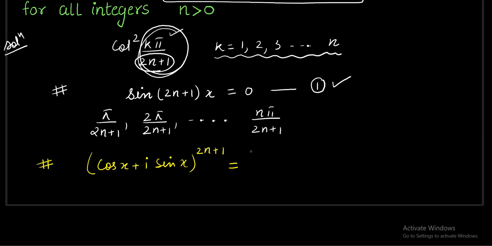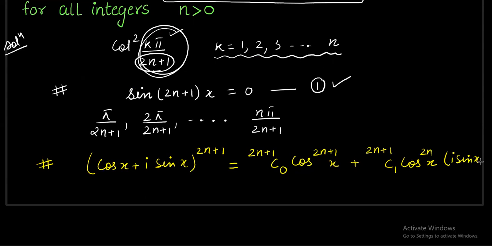So I'm writing the right-hand side, which is going to be 2n plus 1 c naught cos power 2n plus 1 x. Then we will have the second term, plus 2n plus 1 c1 cos raised to the power 2n x, and then we have iota sin x whole power 1.